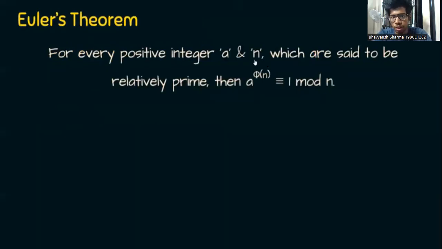Actually, Fermat's theorem is a specific case of Euler's theorem. In broad terms, Euler's theorem has bigger applications than Fermat's theorem. To understand it further, let's see what Euler's theorem tells us.